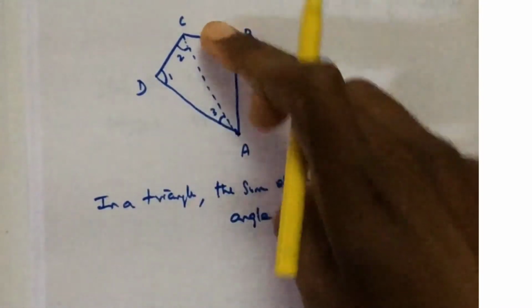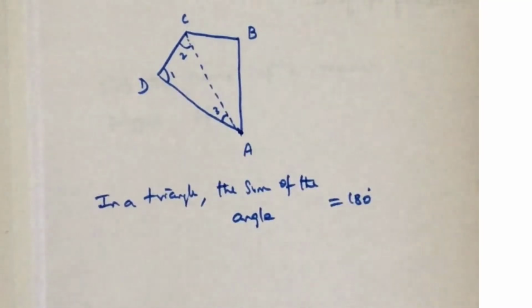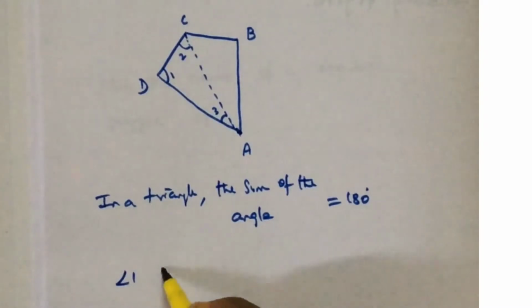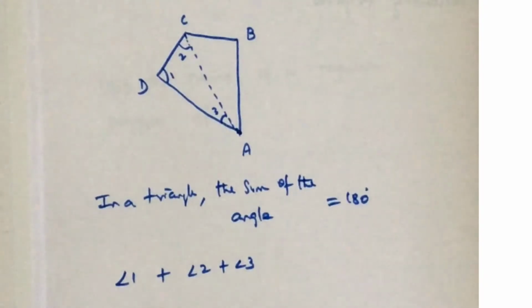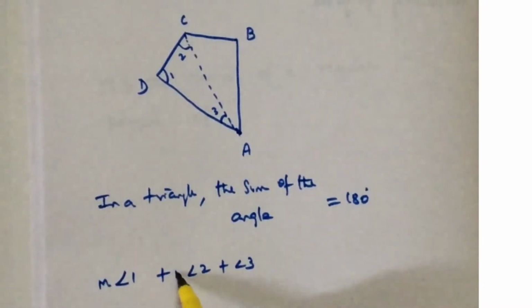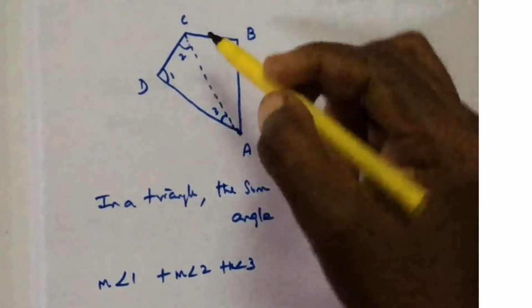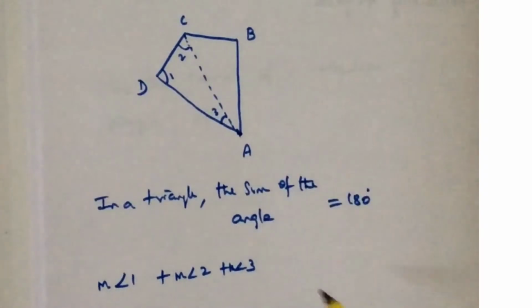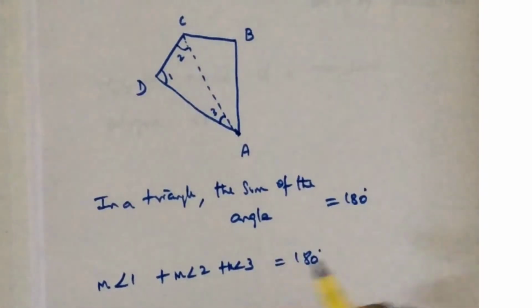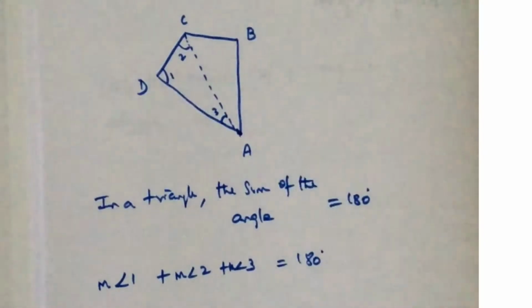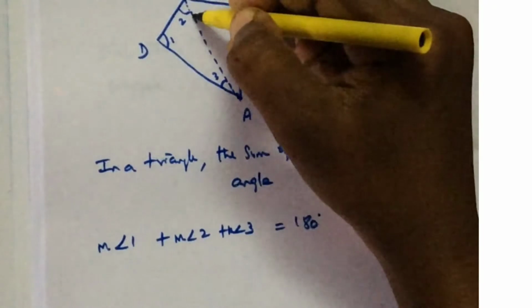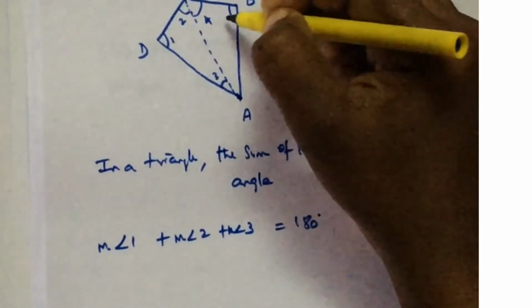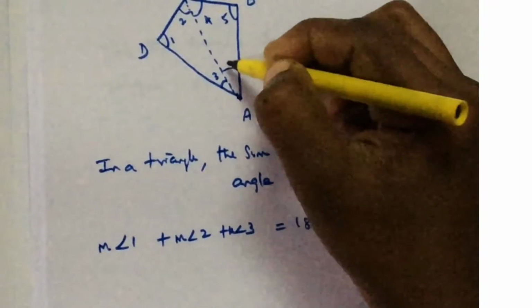So the measure of angle 1 plus the measure of angle 2 plus the measure of angle 3, if I add all these angles, it should give 180 degrees, because we know that in a triangle the sum of the angles is 180 degrees. Similarly, on this side, let the angles be 4, 5 and 6.